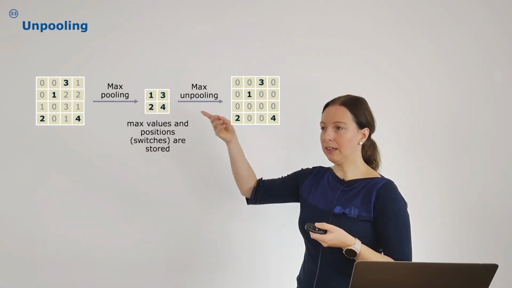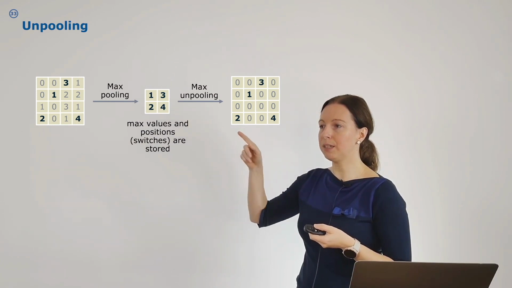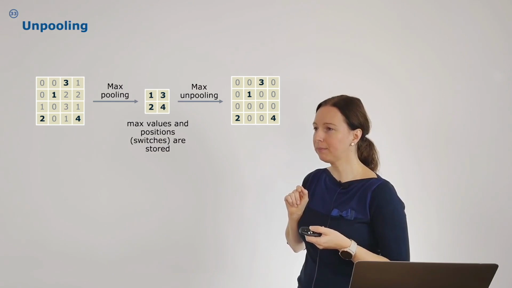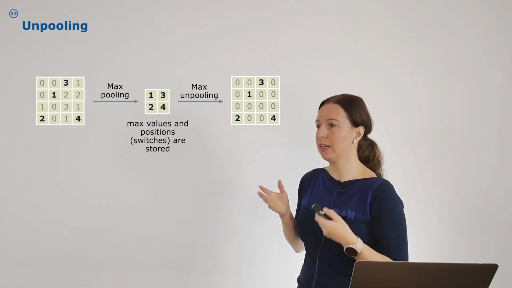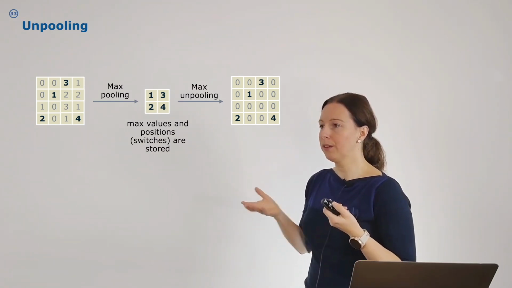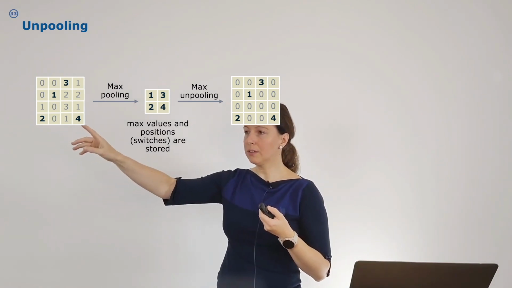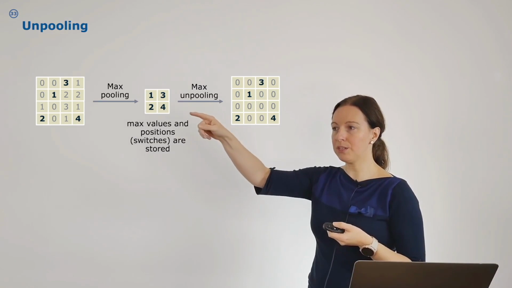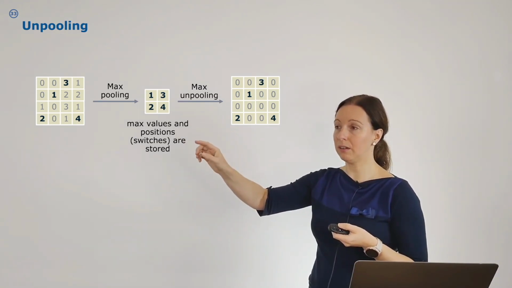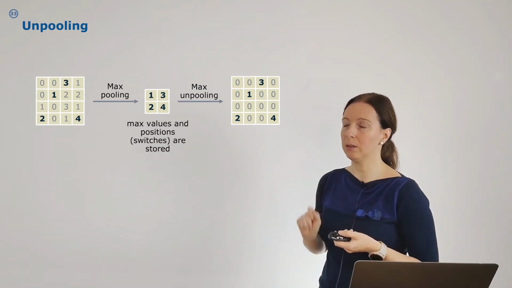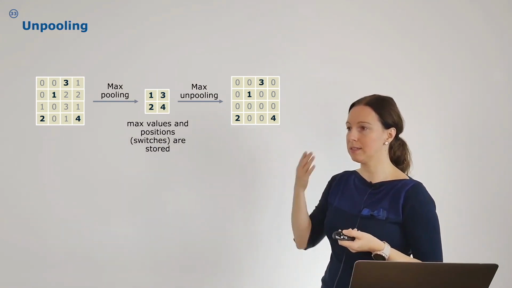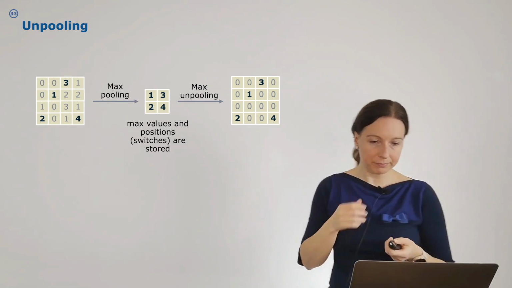So it's not only that you have this information, but you also remember where it was. And all the other positions are just filled with zeros. So here, before, you see there were a lot more values, but this is the information which is kept, and also the position, and this is what you can restore. So this is the reverse operation.